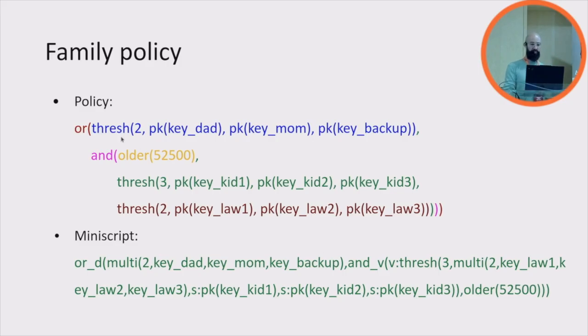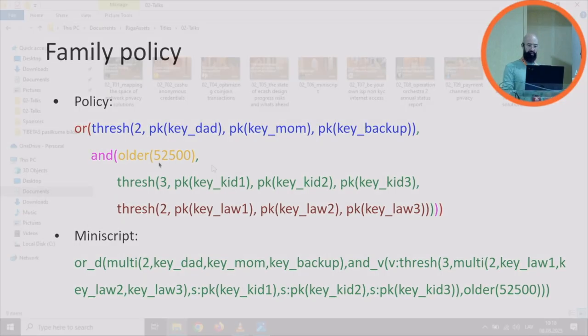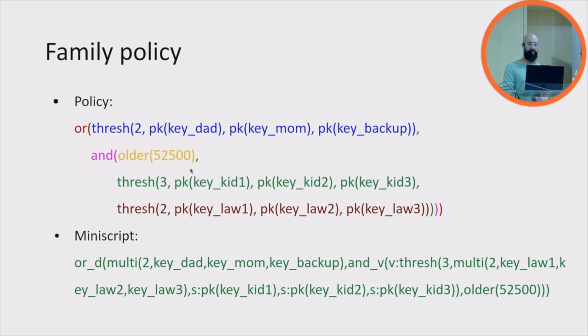We will create an or expression because we want the parents to be able to sign, or this is the other side of the or, that's saying after 1 year, we need the threshold, like we need the signature of this multisig.